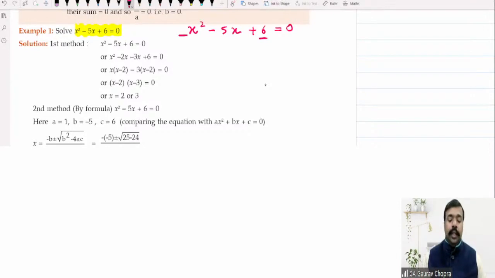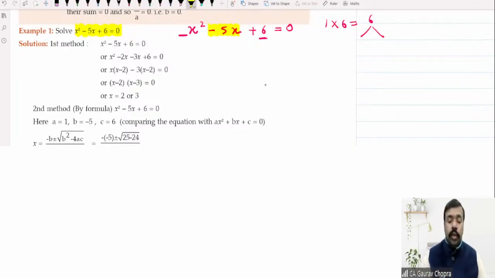The coefficient of x square here is 1 and the constant is 6, so 1 multiplied by 6 is 6. Now we have to split 6 into factors in such a way that the total comes as minus 5.